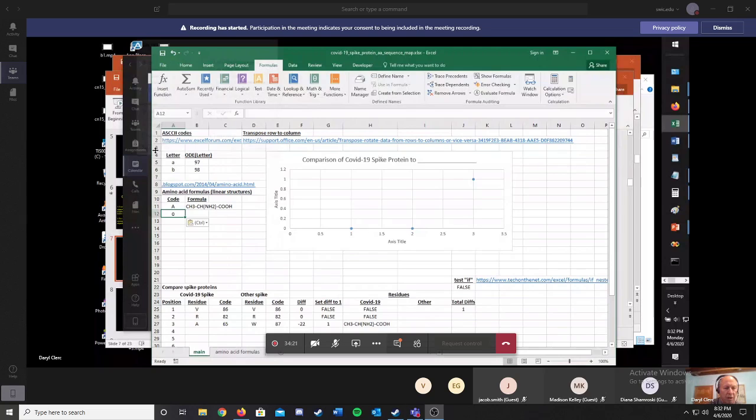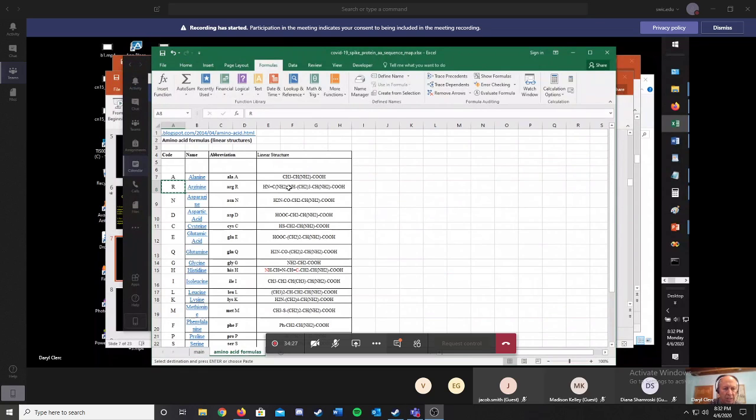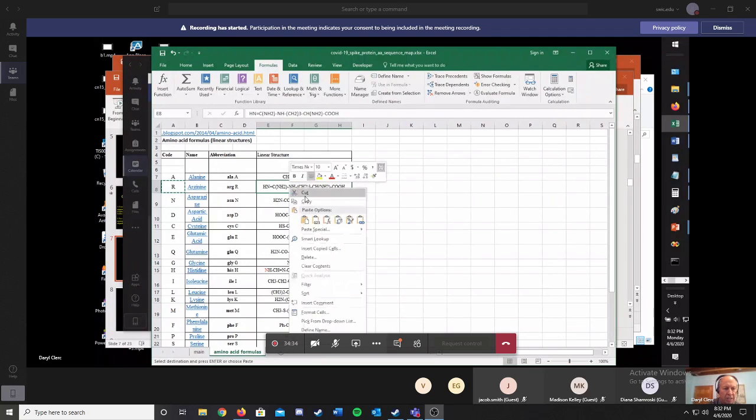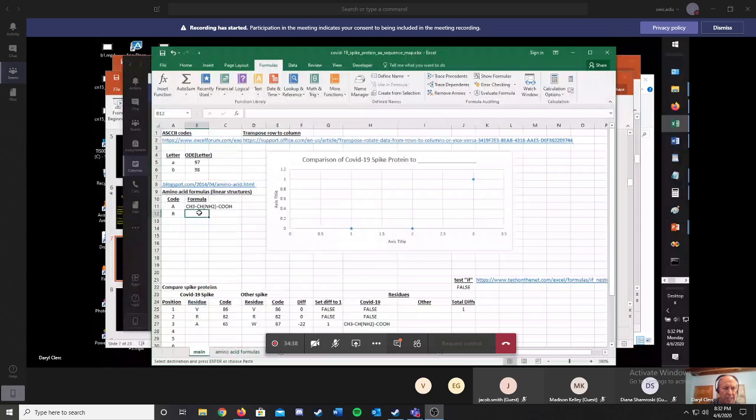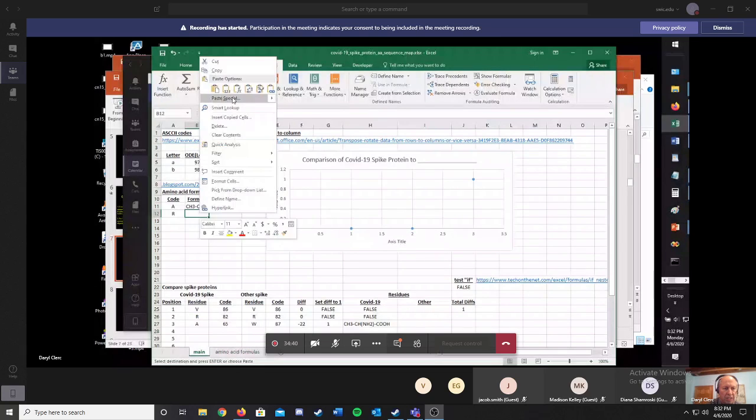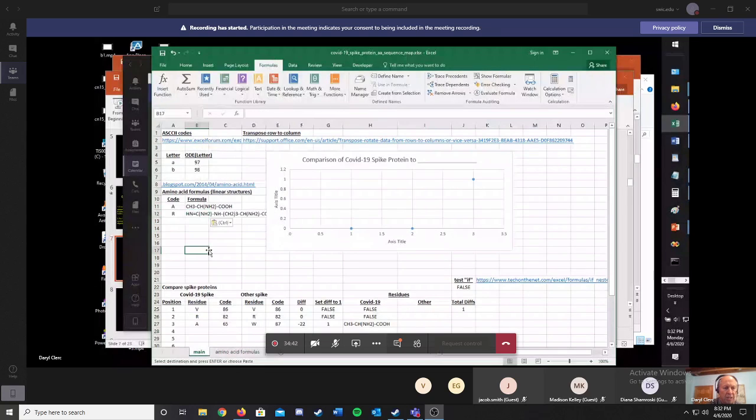There, see, it'll put an R there. Now we need the formula, so we get the formula of R. Copy this, then go back to the main sheet, click where the target is, right click, paste special, paste link. Now we have the formula for R. And so forth, go down the list and get them all in the sheet.